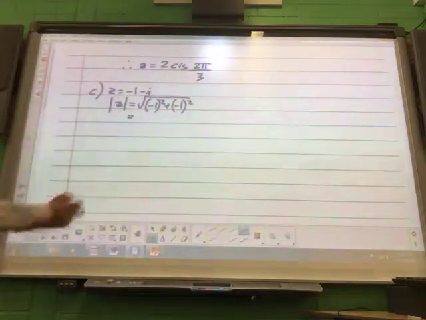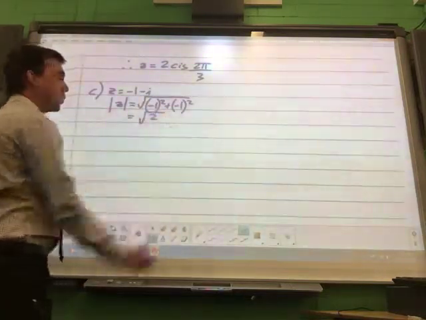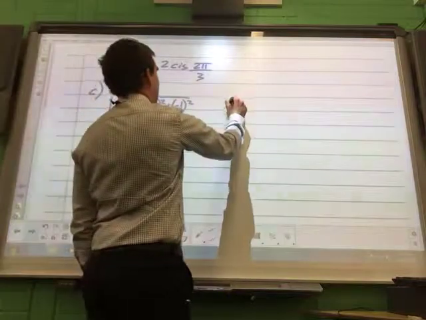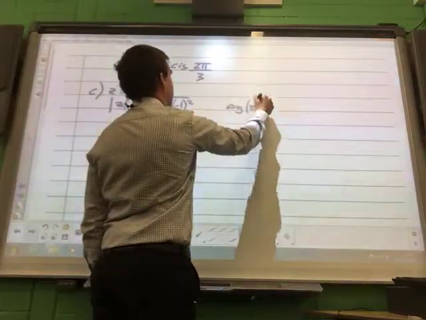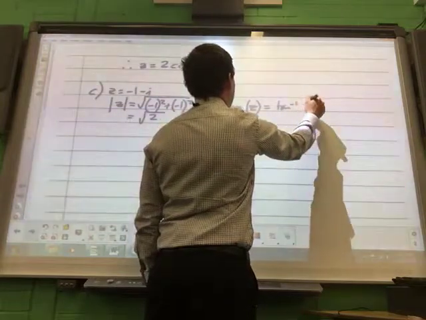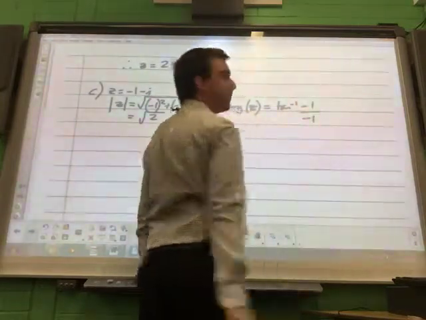We can calculate the modulus, square root of 2. And the argument of z is going to be tan inverse of negative 1 over negative 1.